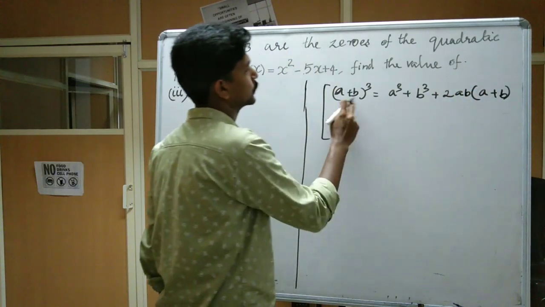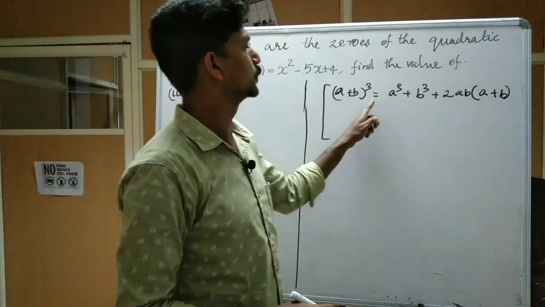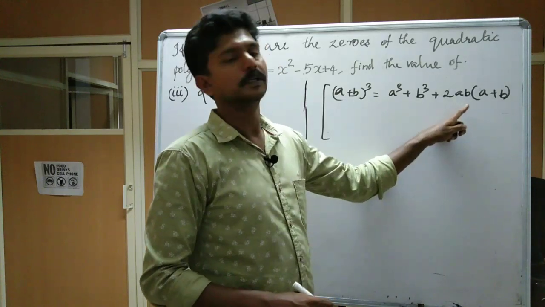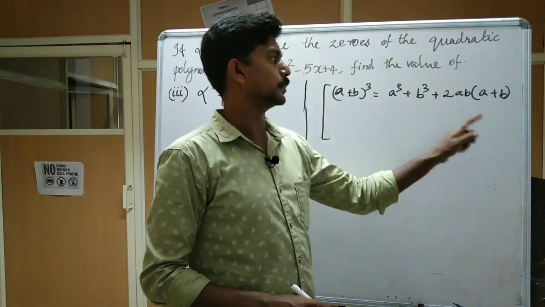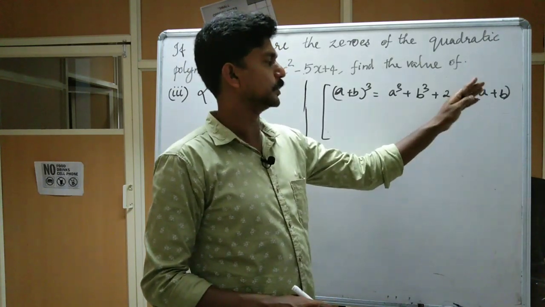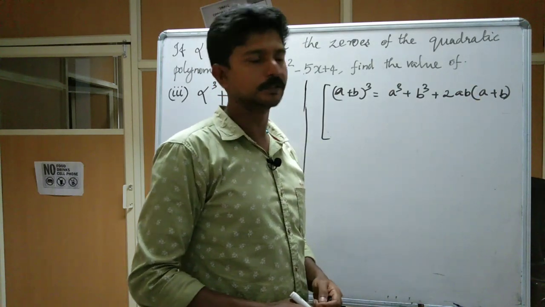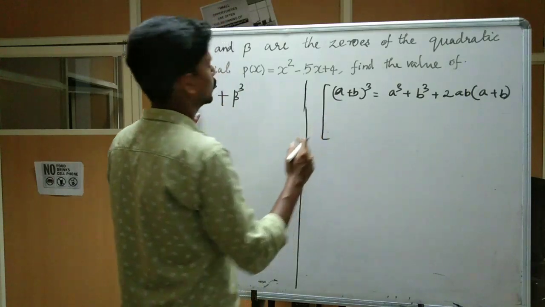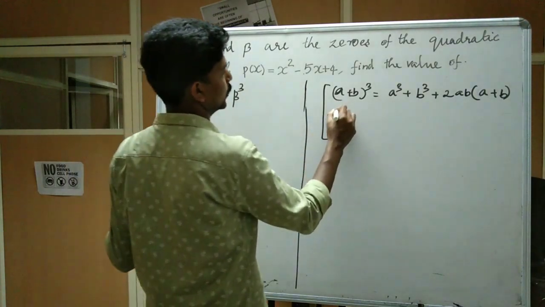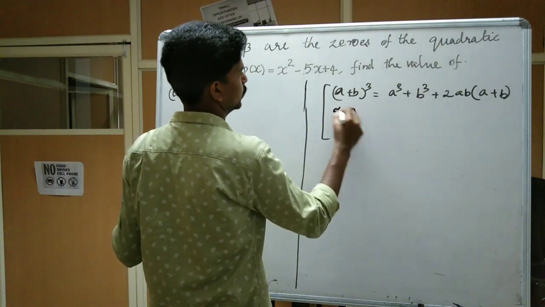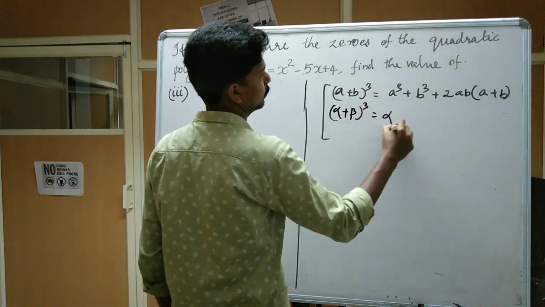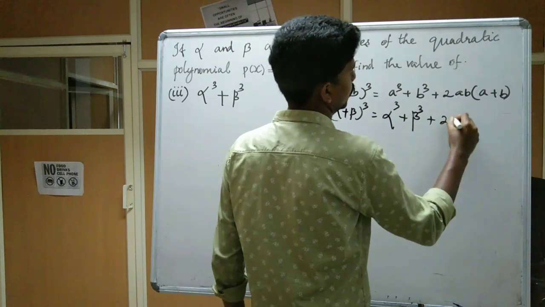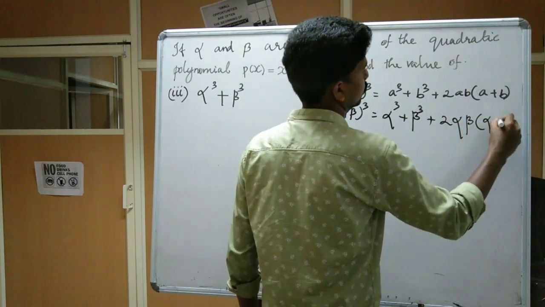Or we can write x plus y whole cube is equal to x cube plus y cube plus 3 into xy into x plus y. The same way we can write it. So here, instead of that, we are writing alpha beta. So alpha plus beta whole cube is equal to alpha cube plus beta cube plus 3 into alpha beta into alpha plus beta.